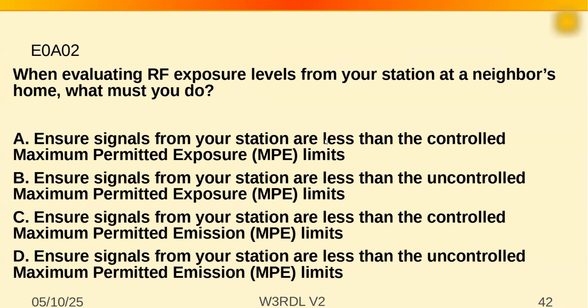When evaluating RF exposure levels from your station at a neighbor's home, what must you do? It's a tricky one. I think it's probably the uncontrolled environment, because it's not controlled. Yeah, it has to be one of those two. Certainly your neighbors are not controlled.